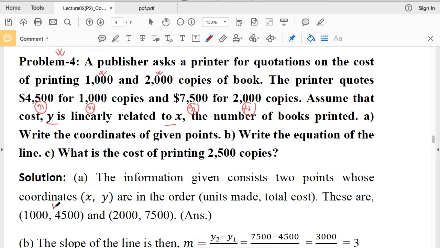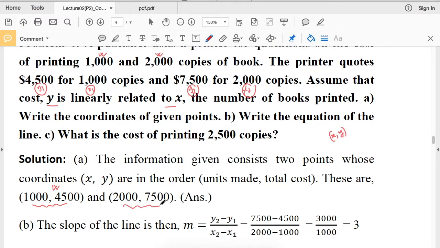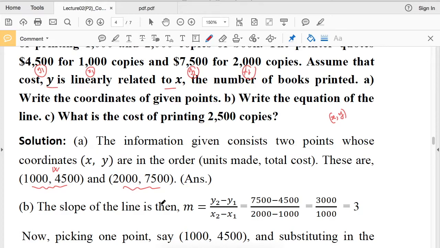When you need to write a coordinate, then of course you need to put two values, one for x and another for y within the first bracket. So the first coordinate will be 1000 and 4500. This is the first coordinate, and the second coordinate will be 2000 comma 7500. This is the second coordinate.